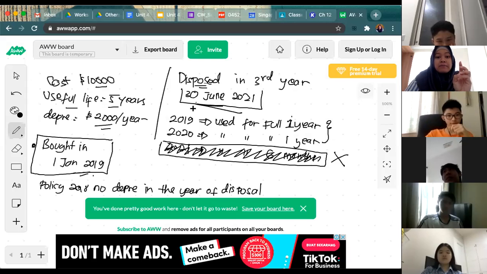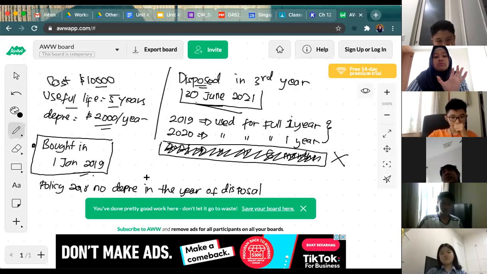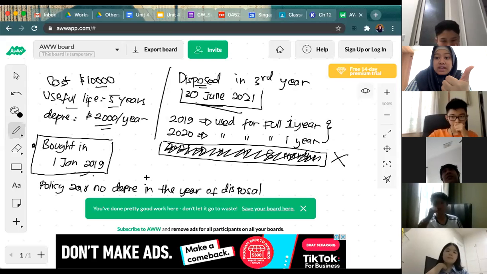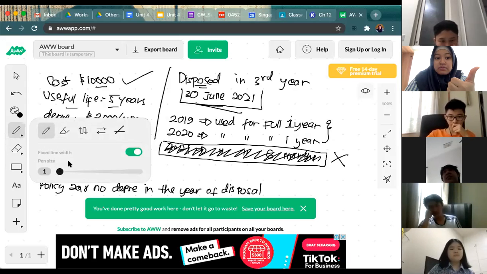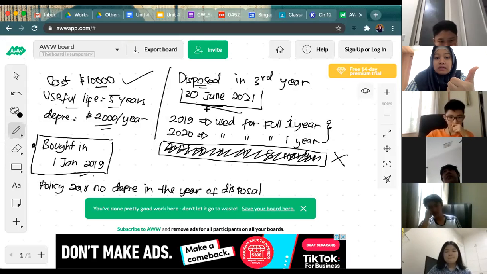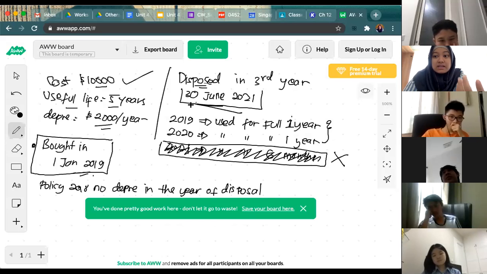Okay, now you have to calculate profit or loss, let's say. When we are calculating profit or loss, you need the cost of the asset that is disposed. We have it already. Second of all, we need accumulated depreciation of the disposed NCA. Again, what is accumulated depreciation?